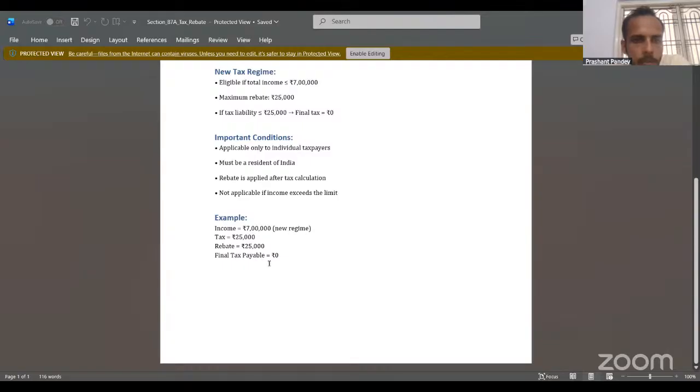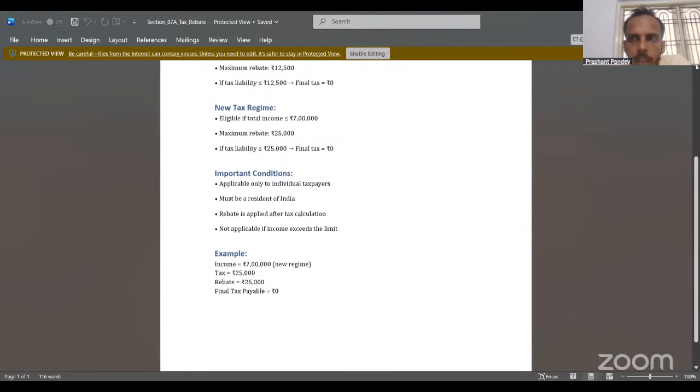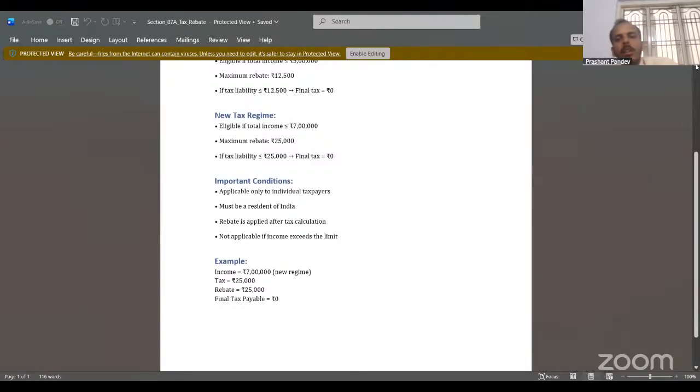Okay, example of the new regime. Basically, the tax deductions and tax rebate, the students get confused between these two things. What is deduction and what is rebate?